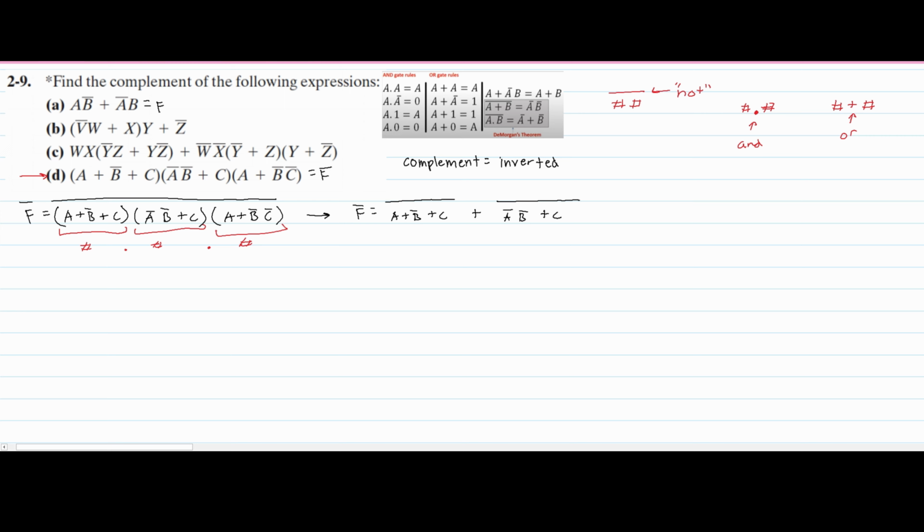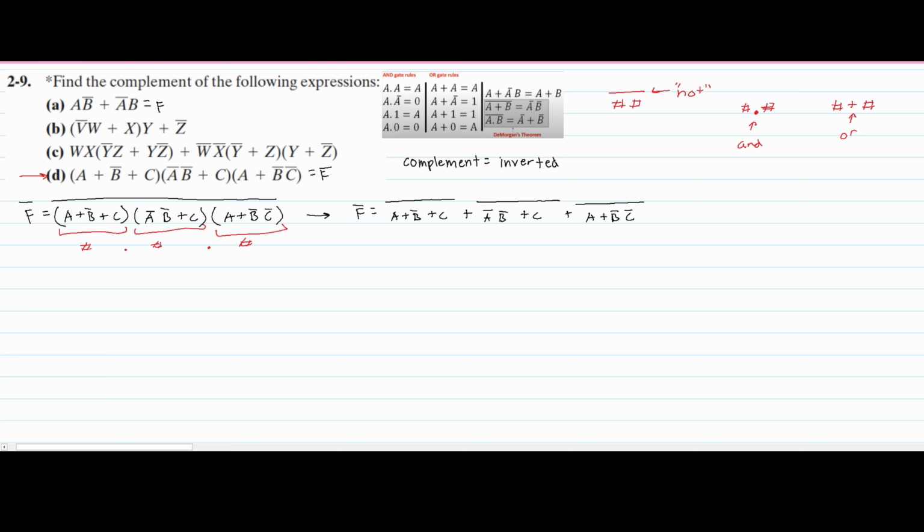And then we have a plus, c not, a plus b not, and then a c not in here. So this is going to be our new equation.